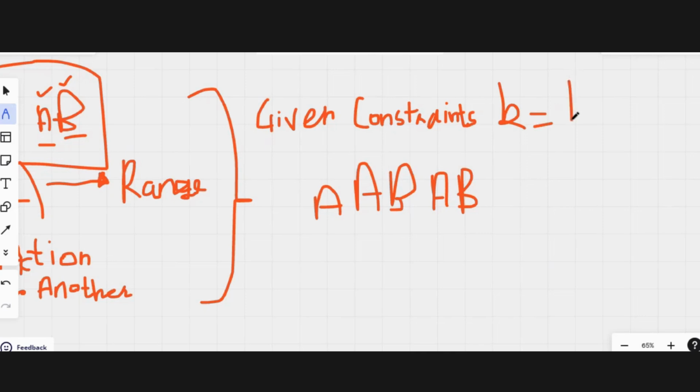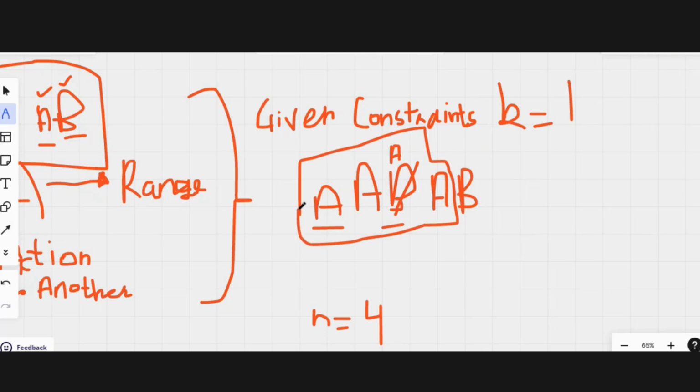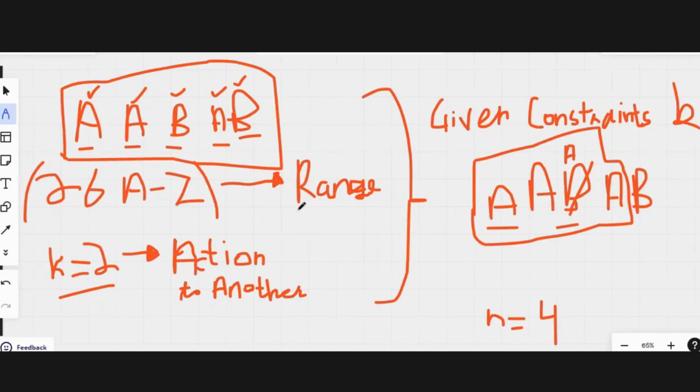Given that, how long a substring can we create that has just A or just B in it? In this case, the longest substring we can have is basically n equals 4. Because if we change the B here to an A, just one action, we can have the first four characters as our substring that contains all of the same letters. So that is basically what we need to do in this problem.